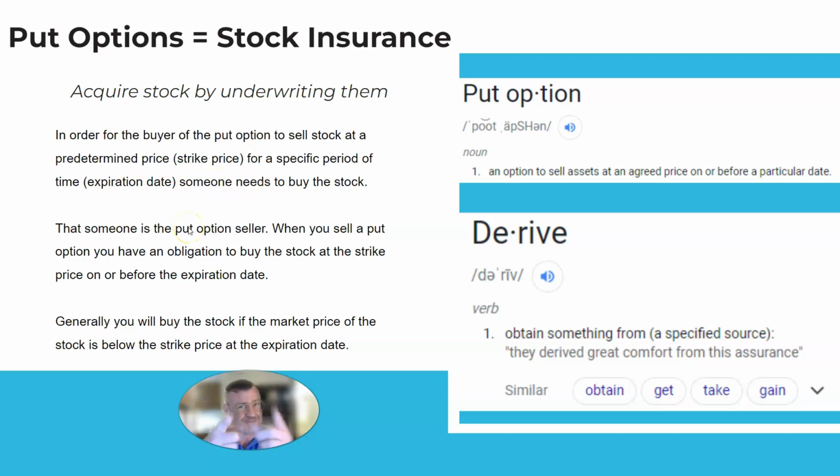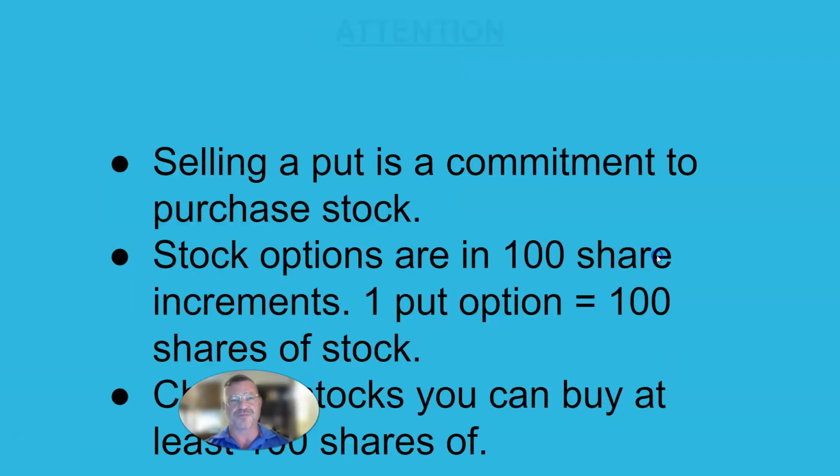That someone is the put option seller. When you sell a put option, you have the obligation to buy the stock at the strike price on or before the expiration date. Generally, you will buy the stock if the market price of the stock is below the strike price at expiration date.